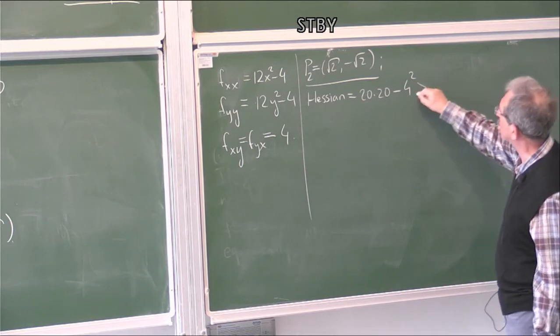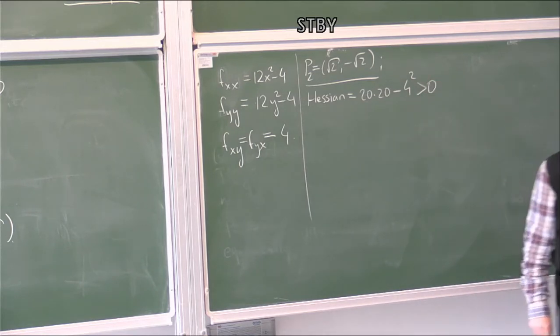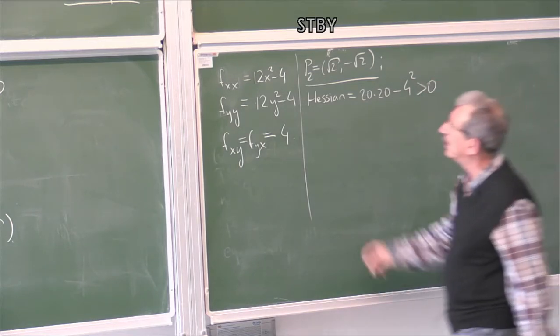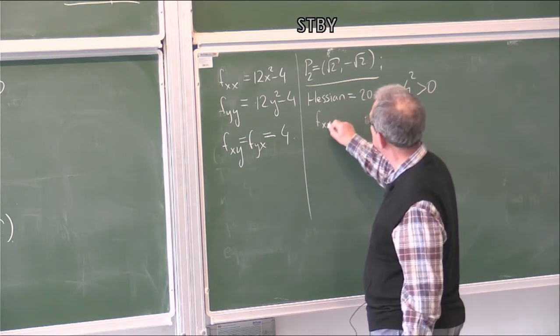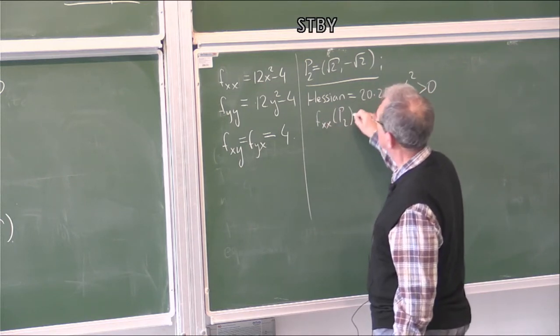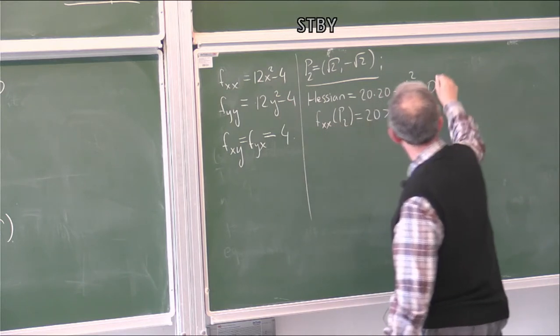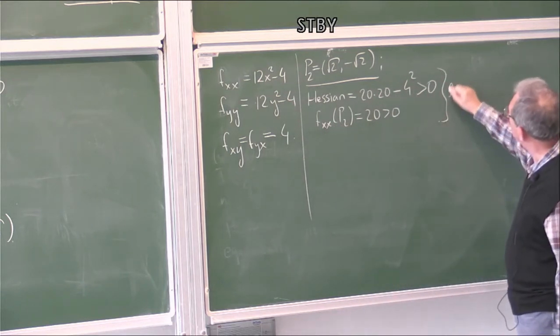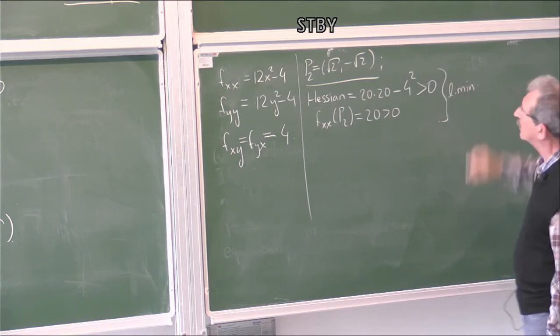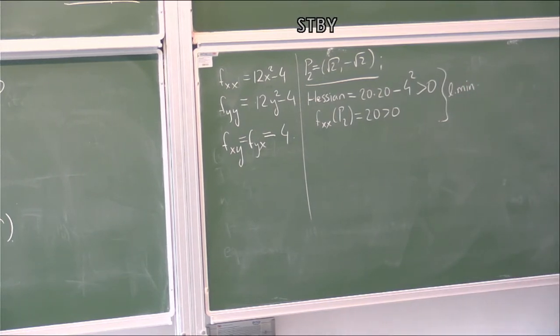Which of course is positive. And okay, fxx at P2, that is, this one is 20. It is positive, so this says we have a local minimum point at P2.